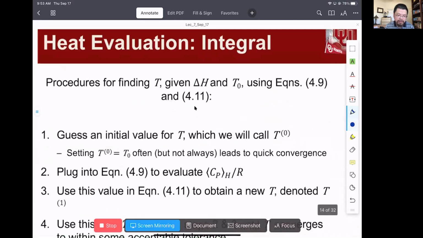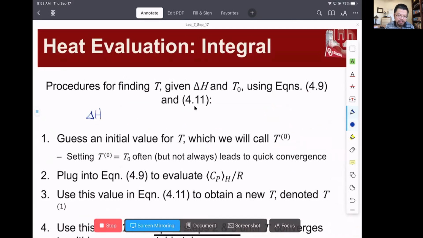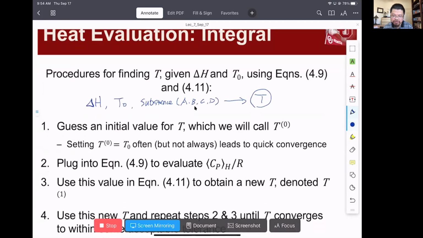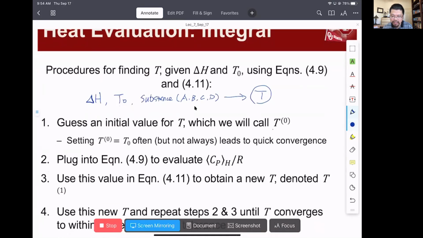If I have the budget, like I said, delta H, if I know the starting temperature T naught, and if I know the substance of interest, meaning I have access to the A, B, C, D coefficients, then I run the iteration to figure out the final temperature I can have. So over there, we usually need to have the initial guess. So that is the initial guess for the final answer of T.